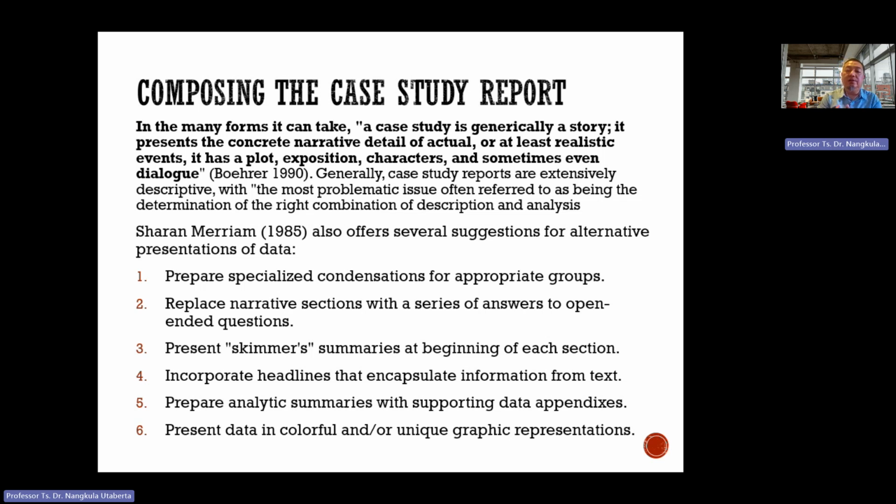These are the suggestions to present the data. So it's not only one written report, but it could be an infographic, headlines, schemas, and summaries, something that people can easily understand, not just reading a thick report.